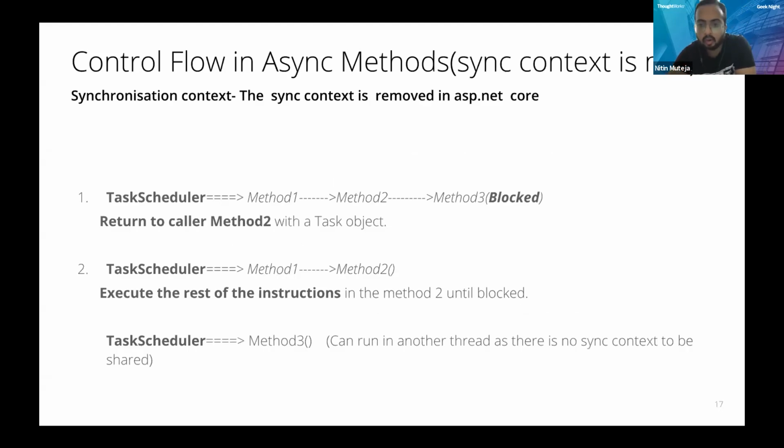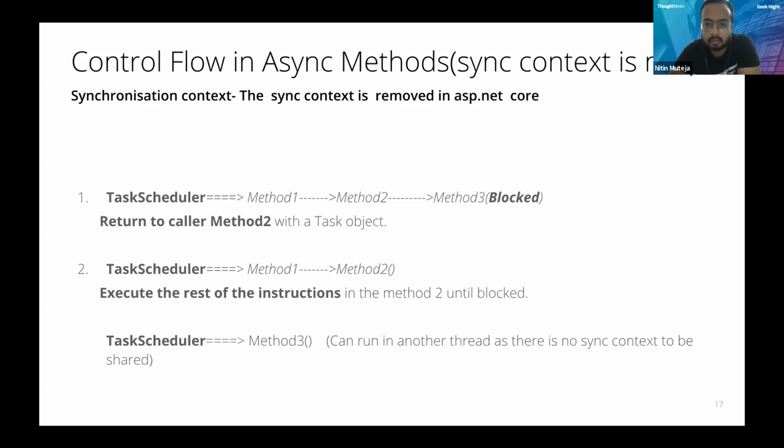That was how the flow actually happens in those types of applications in which you have a synchronization context. Now we'll move to those types of applications in which you do not have a synchronization context. A basic example is ASP.NET Core based applications.